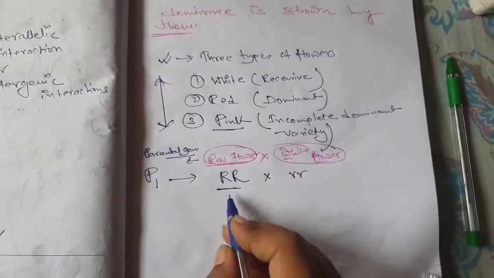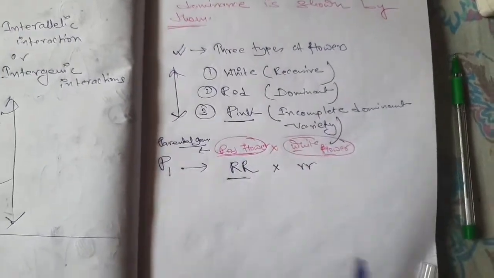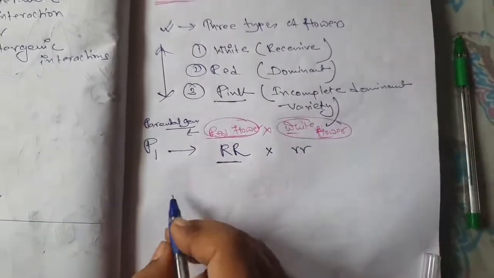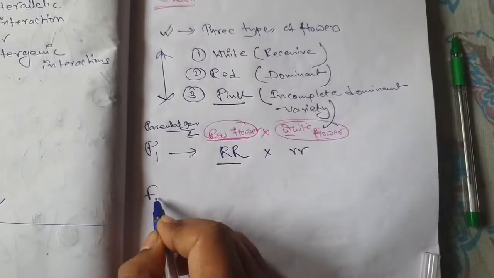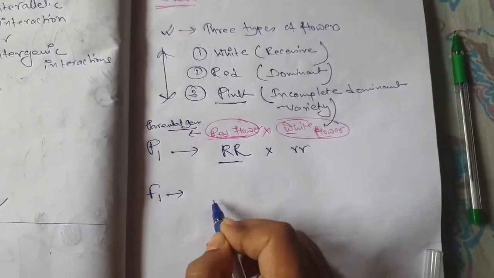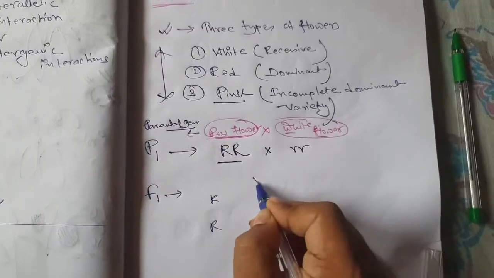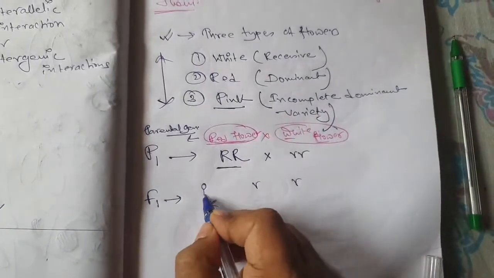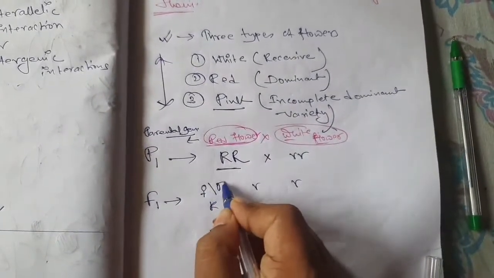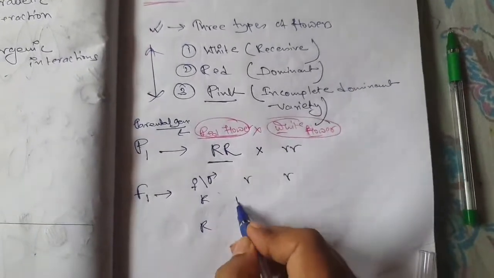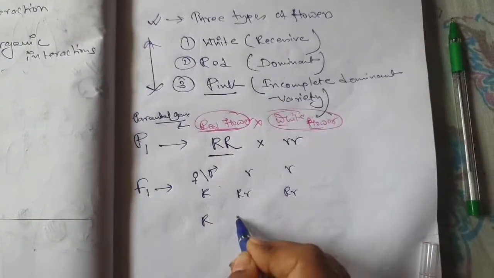Now if I try to find out the F1 generation through a Punnett square, then I will get this.